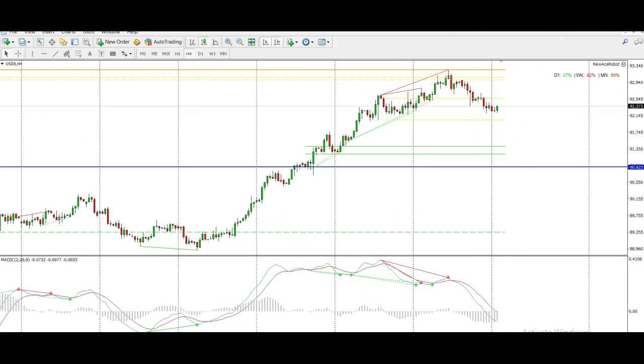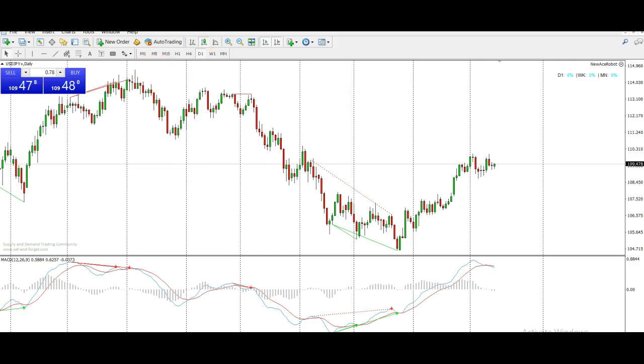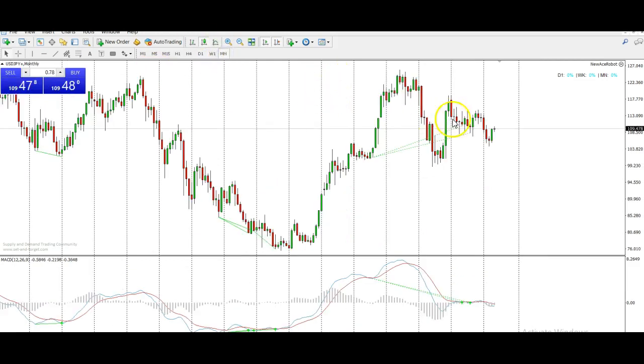Okay, USDJPY. Let's look at this. On the monthly, if you just look at this here, we're in this triangle pattern. No clear direction on the monthly.